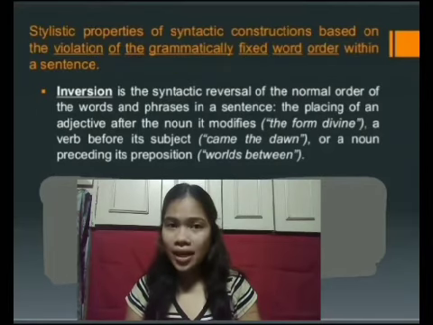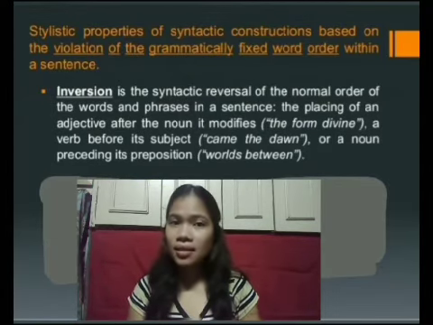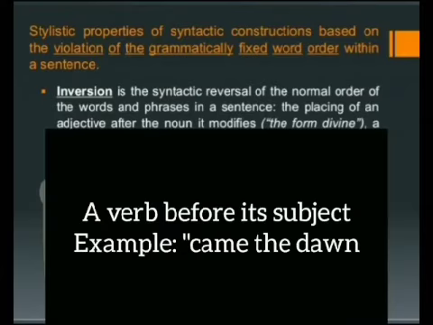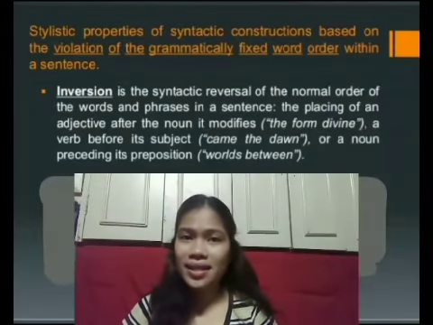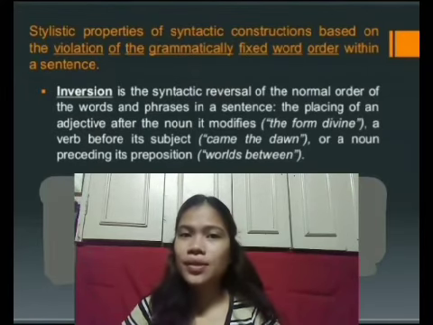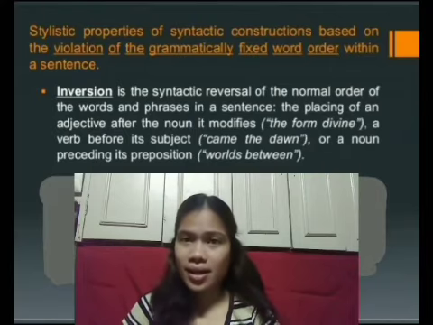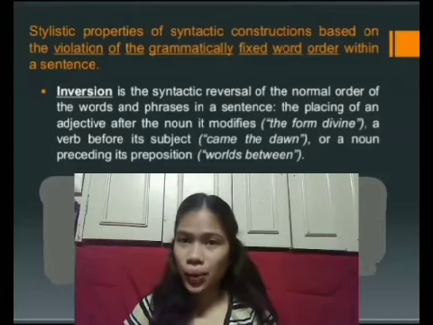So the adjective there is "divine," and it is placed right after the noun it modifies, such as "form." Another is a verb before its subject, just like "came the noun." So the verb is "came" and it is written before the subject. Last example is a noun preceding its preposition, just like "worlds between." So the preposition there is the word "between," and it comes after the noun "worlds."